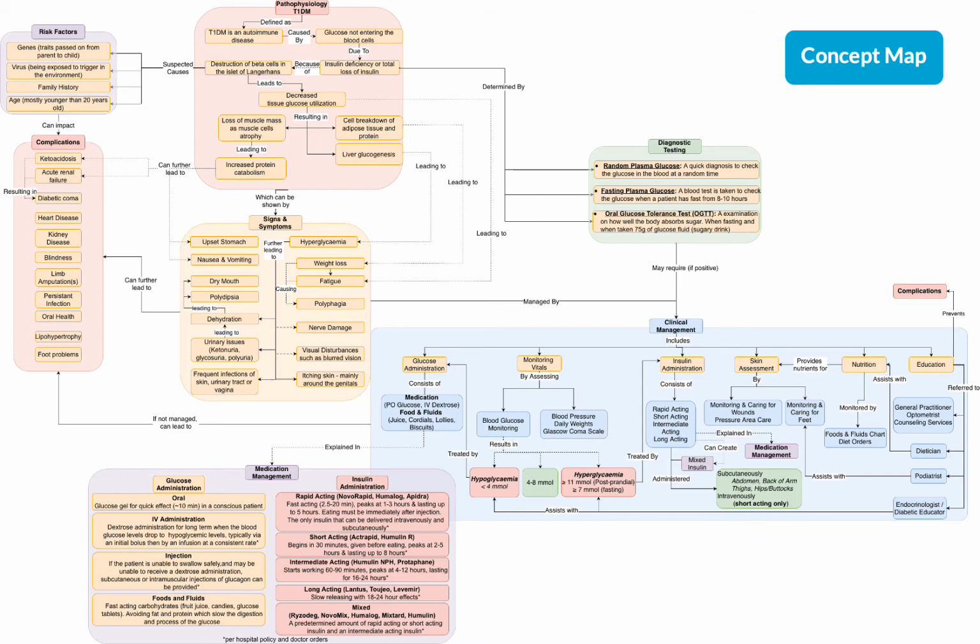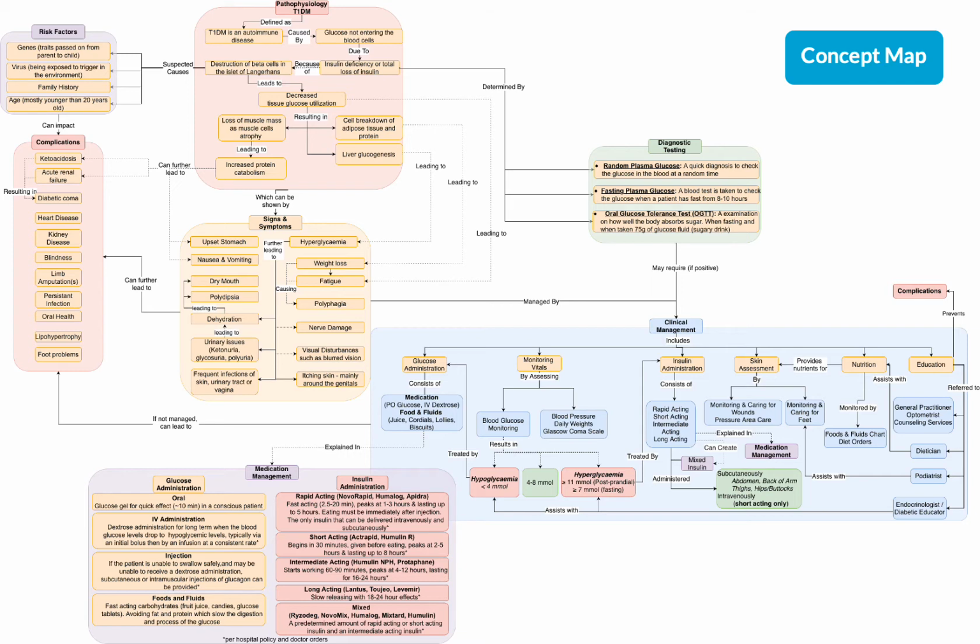And then we have our long-acting insulin, so Lantus, slow release, and it lasts until about 18 to 24 hours of effect. And then we have our mixed, so Novomix, which is a predetermined amount of rapid-acting and short-acting insulin with an intermediate-acting insulin. So back into the clinical management, we have next our skin assessment.